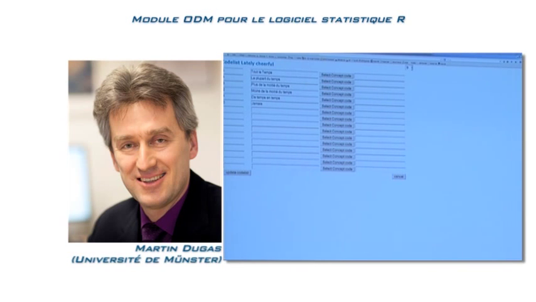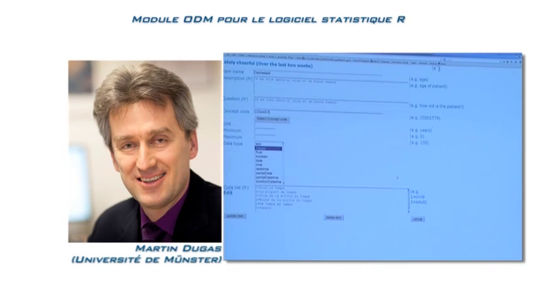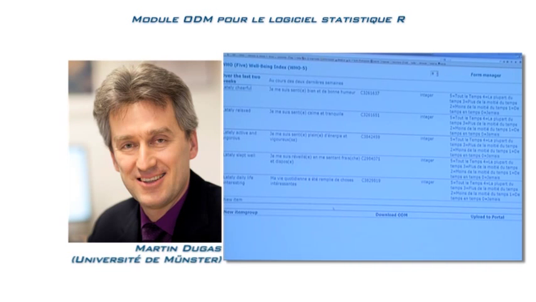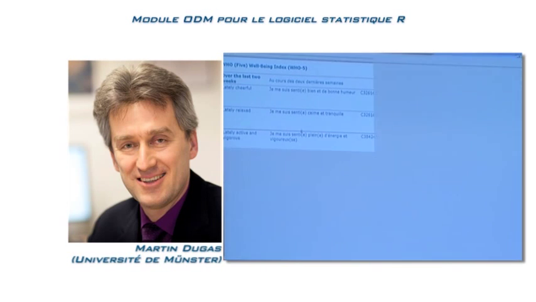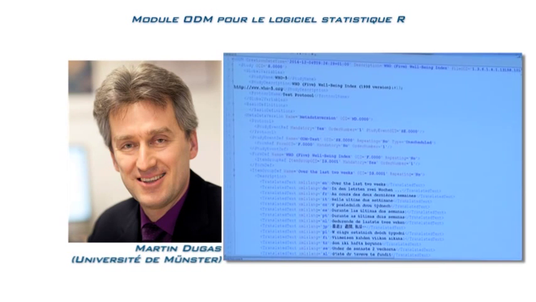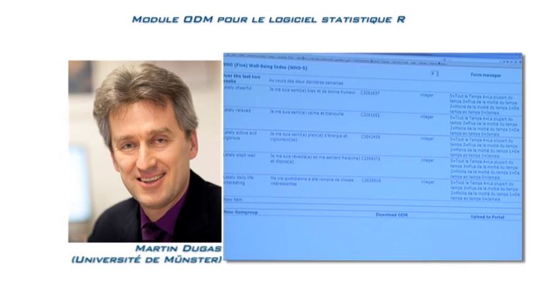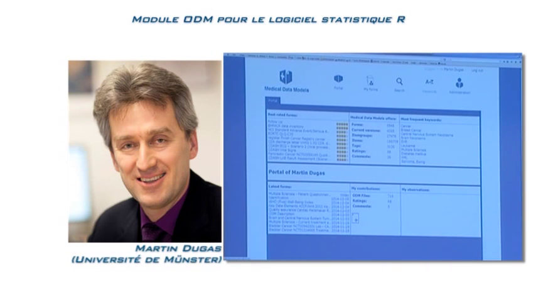So you could also assign concept codes or update the code list if you want. When you are finished with your updates, then you can either download it for your own use and use it in any other system, or you can say upload to portal, and that will create a new version in the system. So that is basically what can be done here.